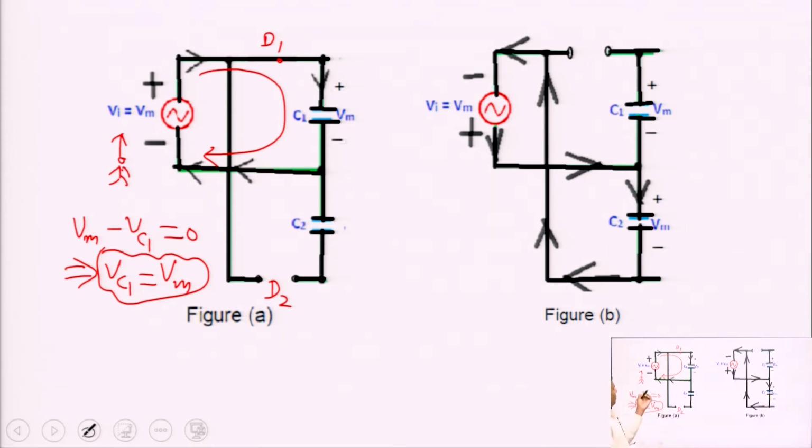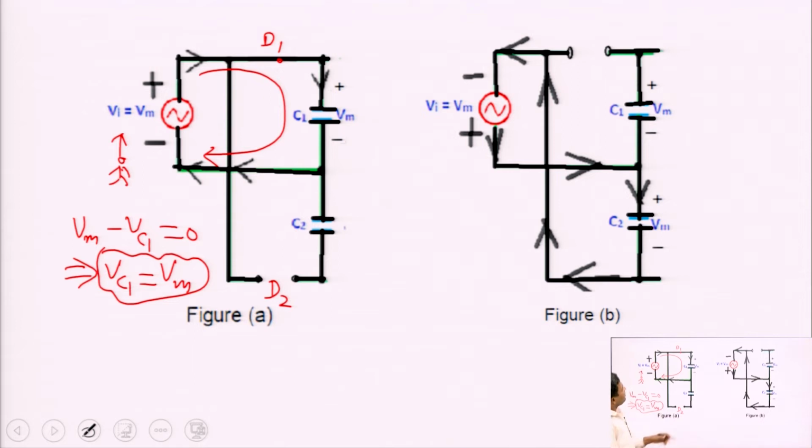Now, once C1 gets fully charged, the role of D1 will end. D1 will never become forward biased, either when the input is positive half cycle or negative half cycle. This means the role of D1 will end. Now, the role of D2 will come into the picture.